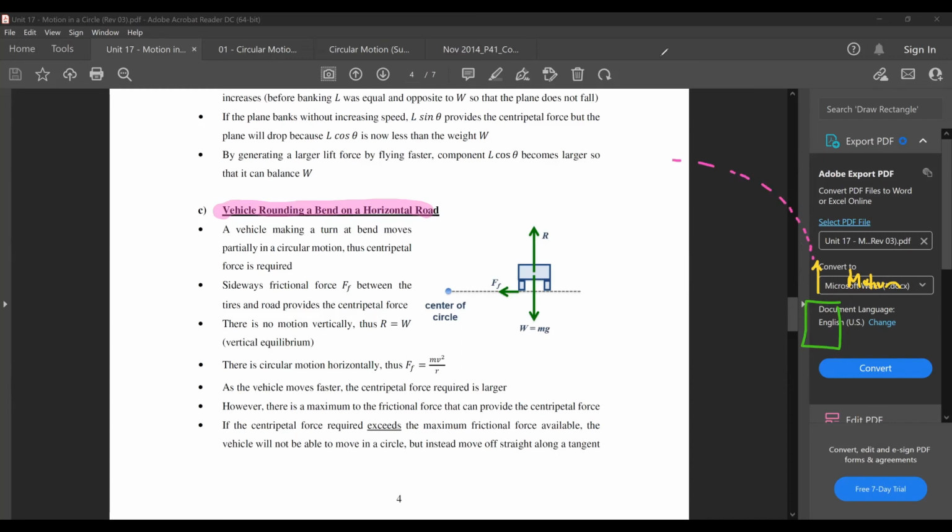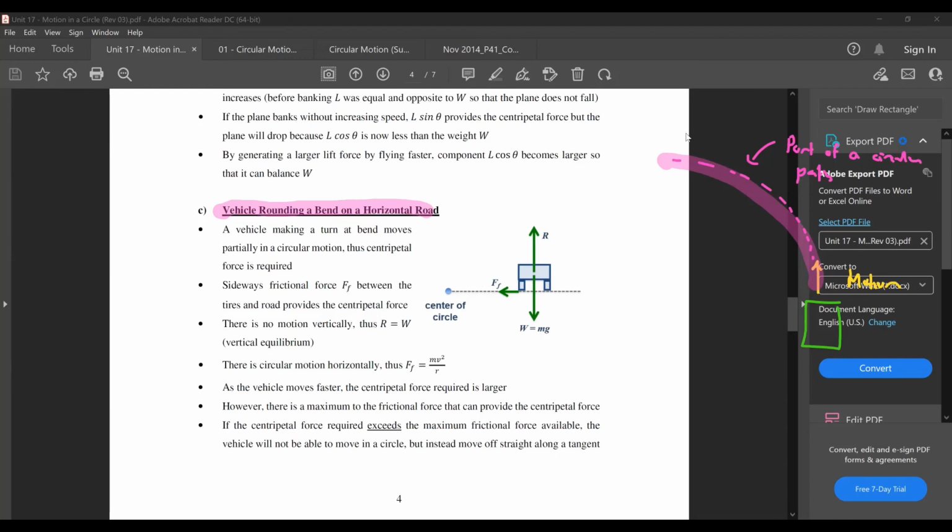When you're turning towards the left, you are again moving partially in a circle. So this is actually part of a circular path. For this pink portion, you're moving partially in circular motion.